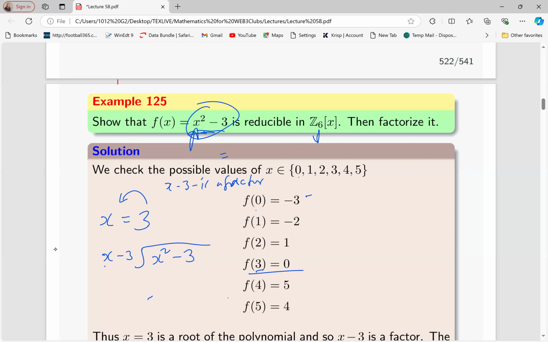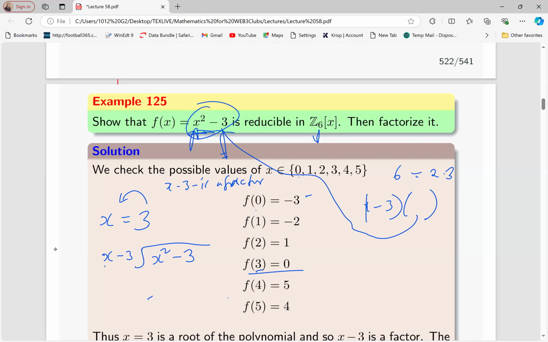A factor, you understand what I mean? For instance, when I'm talking about 6, the factors are 2 and 3. So we've now found that x minus 3 is a factor. It means it can be multiplied by something else to give us the original polynomial.